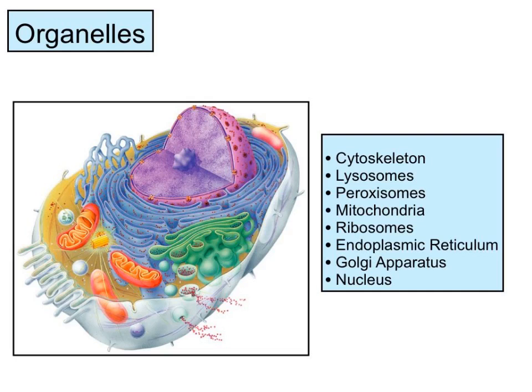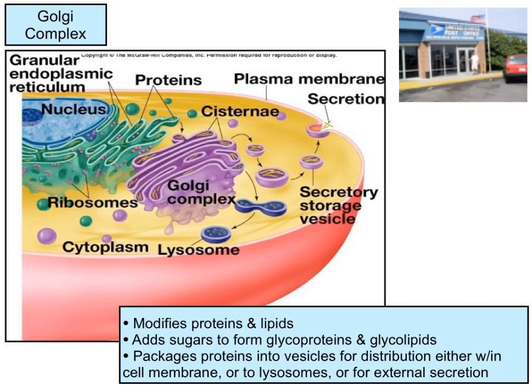So let's look at the Golgi apparatus. So the Golgi apparatus can be likened to the post office. The Golgi apparatus is involved with the packaging of proteins and the distribution, the shipping of those proteins. So a number of things happen at the post office, right? If we've got a package, we need to put in bubble wrap to protect it, or we need to modify the package.